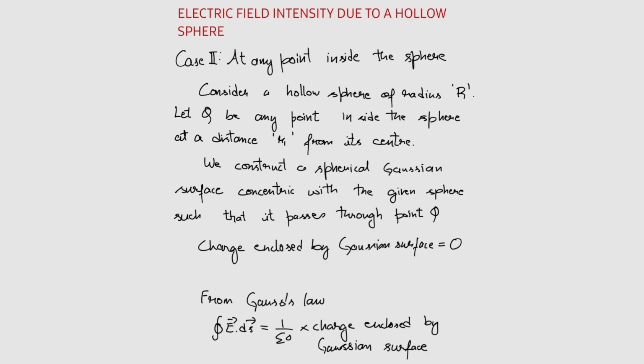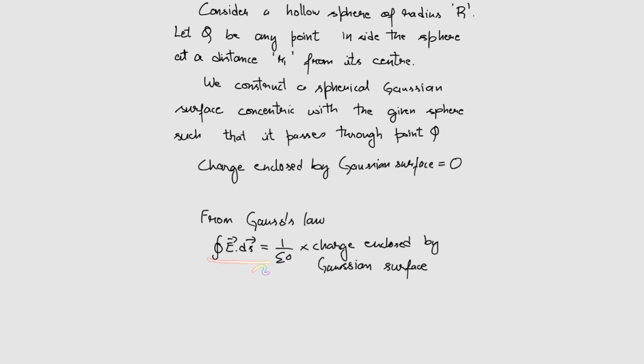From Gauss law we know that the surface integral of E dot dS is equal to 1 by epsilon naught times the charge enclosed by the Gaussian surface. So this becomes the surface integral of E dot dS equal to 1 by epsilon naught times 0, so the surface integral of E dot dS is equal to 0.